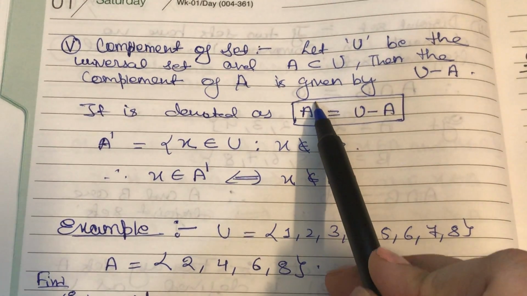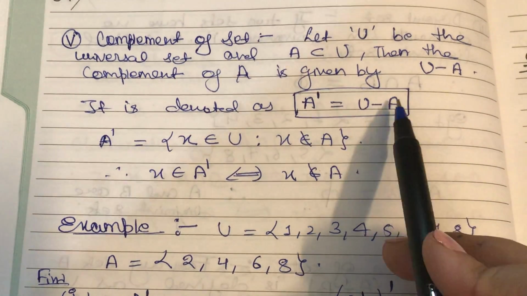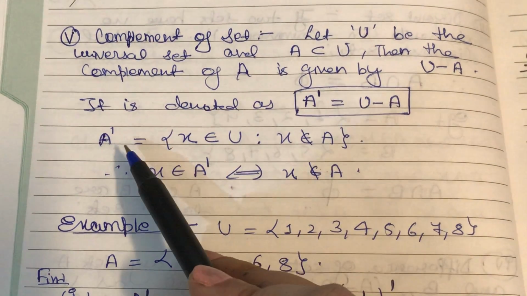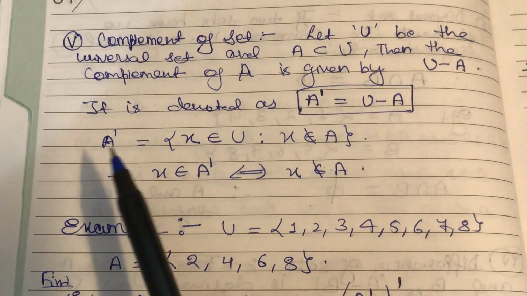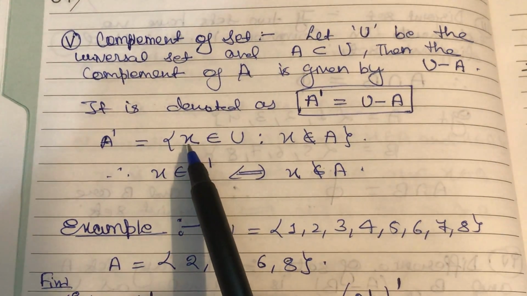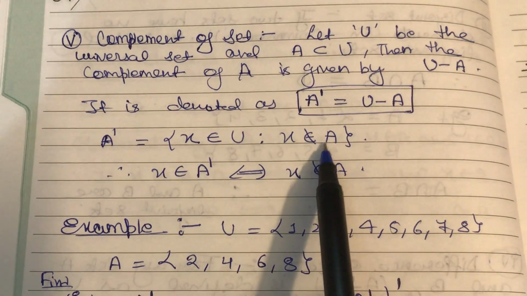Complement is denoted using this symbol. So A complement equals U minus A. That means I am subtracting the set from the universal set, and I'll get A complement. Mathematically, A complement is a set such that if X belongs to U, then X must not belong to A. Why?